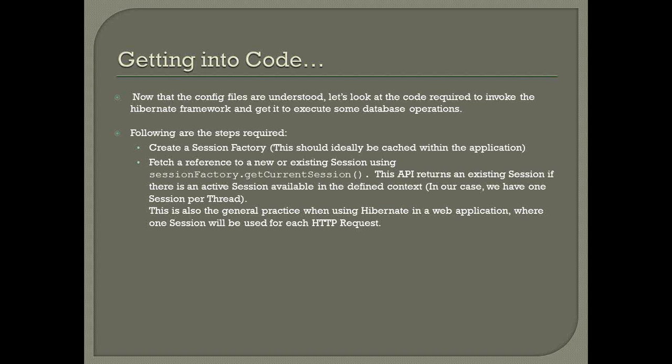So for every HTTP request you would generally use one session. Say somebody posts an order form, you would create an order Java bean, populate it with whatever data is coming from the screen, and give that to the data access layer to insert into the order table. And if it's supposed to insert into the order as well as the order item table, then you would make sure that it's part of a single transaction.